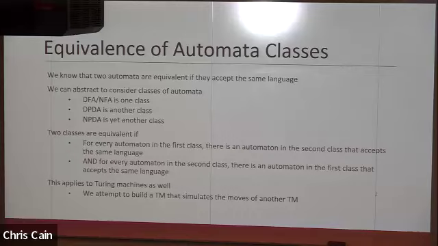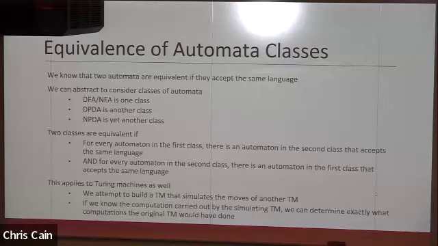Can we take the base Turing machine, take some feature that we would like to add to that Turing machine, and somehow show that given the first Turing machine, we could simulate the second Turing machine, and with the second Turing machine, we could simulate the first Turing machine? If we could do that for every class of languages that a Turing machine could accept, then we would be able to show that these different classes of Turing machines are equivalent.